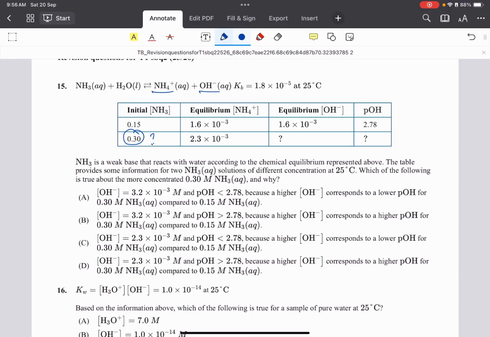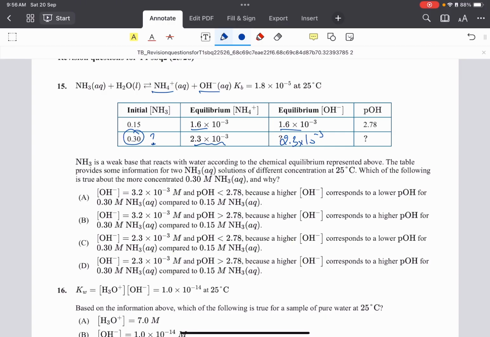When I used a more concentrated solution, we obtained more ammonium. Of course, the starting amount is more. So the amount of NH4 plus produced is going to be more significant. Now, the concentration of OH minus at equilibrium, usually they are equal, so it's going to be 2.3 times 10 to the power negative 3.